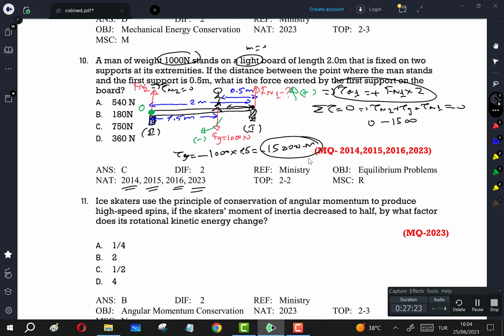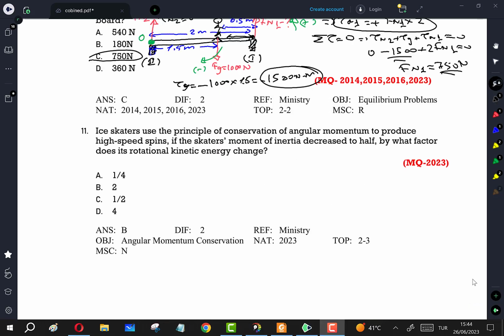Torque of N1 is positive 2 times Fn1, equal to 0. Transfer to the other side, divide by 2. So when you do that, Fn1 is going to be half of 1500. It's going to be 750 newtons. Numbers will change. Of course, choices will change in this case, but how we solve the problem is the same as the previous problems.